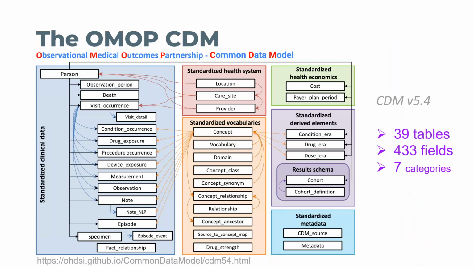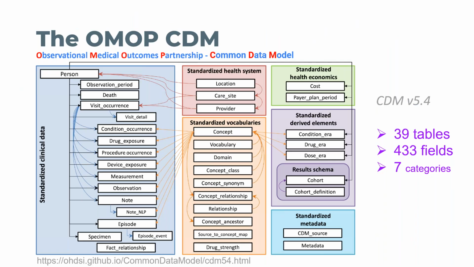So how is it defined? We are working on the CDM version 5.4, again, which is the one that is recommended to be used. Some people who have been working with OMOP use previous versions, but usually most enterprises are using version 5.4.